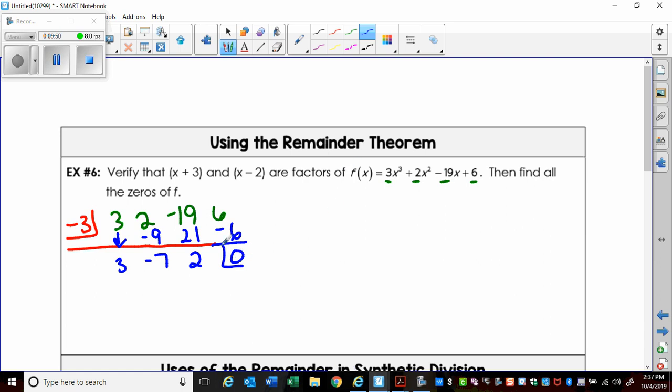Usually I would just be lazy and use this as the new coefficients and then write the 2 right here and do it again. But I'm going to be not lazy right now. I'm going to bring this over. This is x minus 2, so I'm actually going to put a positive 2, remember? Put it in a little box.